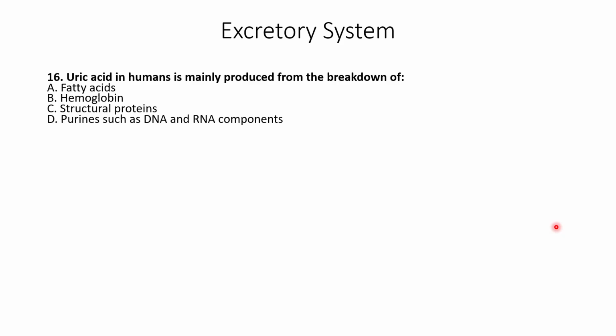Uric acid in humans is mainly produced from the breakdown of which of these products? Do others want to try?